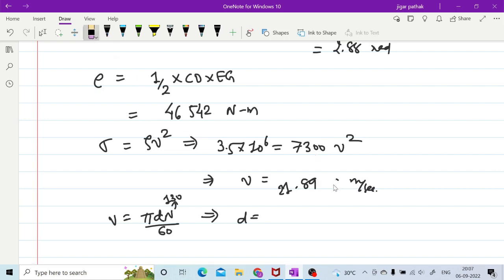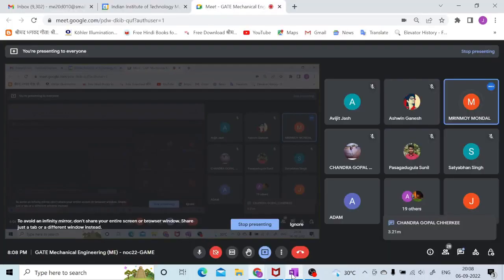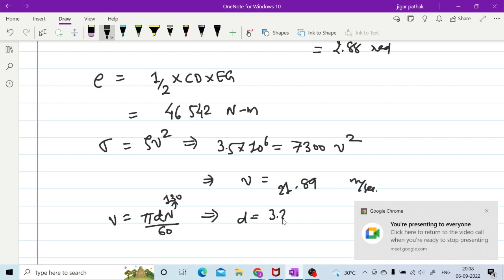So what is the diameter? 3.21... 3.219... 3.216 meters. Okay, whatever, right?